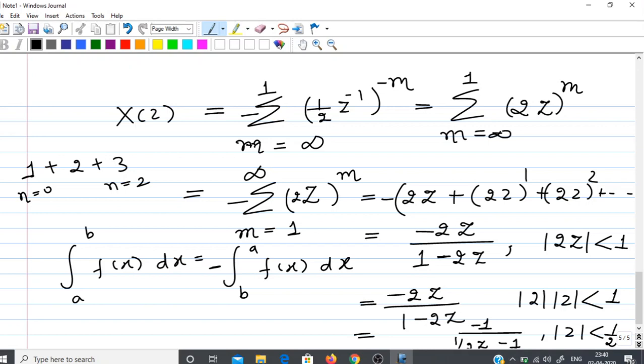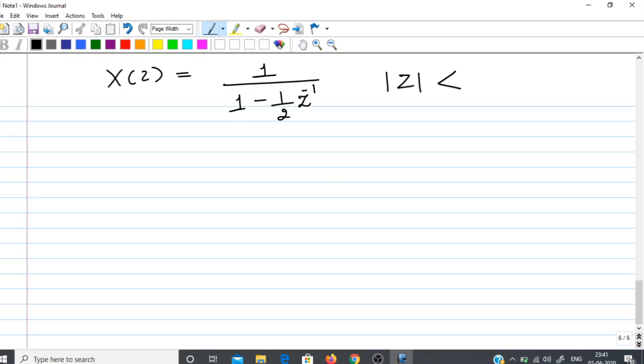I write on the next page. So this X of z is 1 upon 1 minus half z inverse. I have absorbed this minus sign inside, and mod z is less than half.